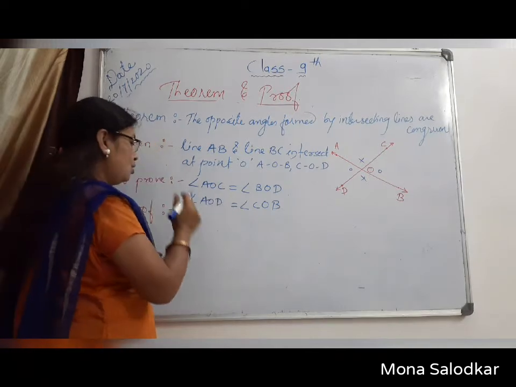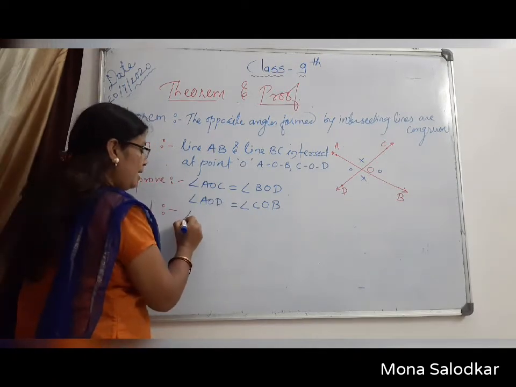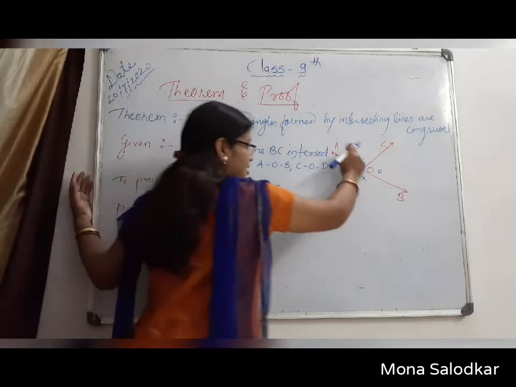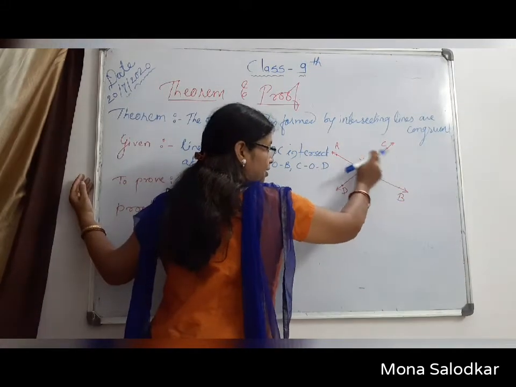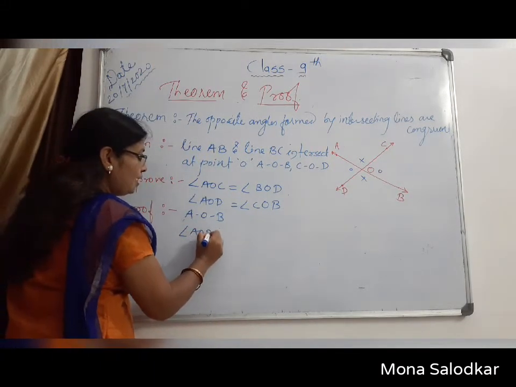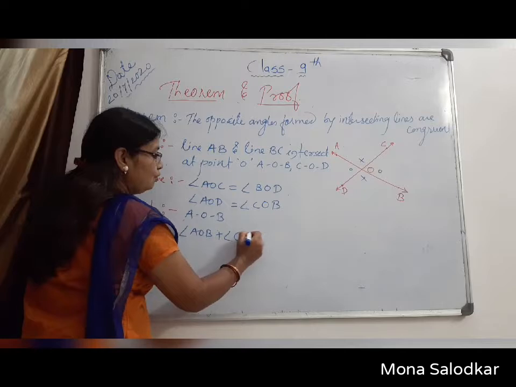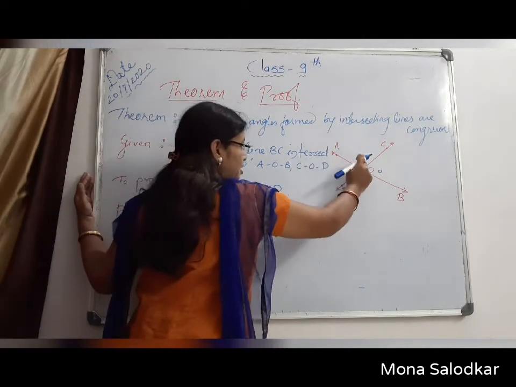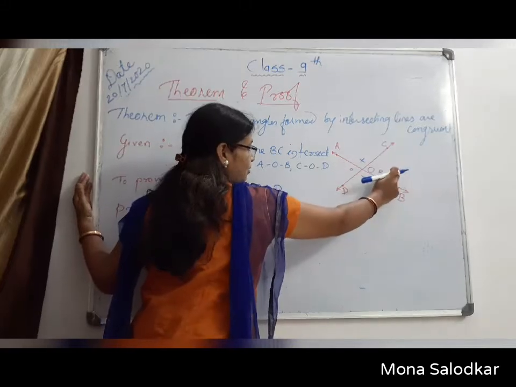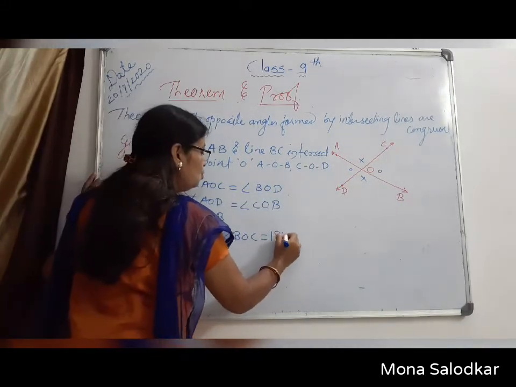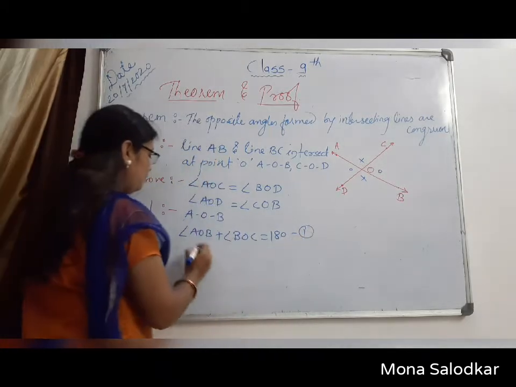Now see here, first you take what is given: A, O, B. These three points are collinear, so you can take these two angles as angles in a linear pair, and the sum of angles in a linear pair is equal to 180. Always. Now what is the name of this angle? AOC. What is the name of this angle? BOC. Angle AOC plus angle BOC is equal to 180. It is your first equation.